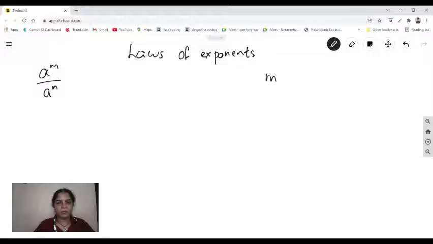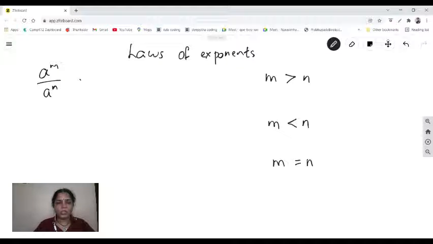That is, m can be greater than n, or m can be lesser than n, or m could be equal to n. What is m? The number of times a is multiplied. What is n? N is the number of times a is multiplied, correct? So yet the number of times on the top could be more than the number of times on the bottom.